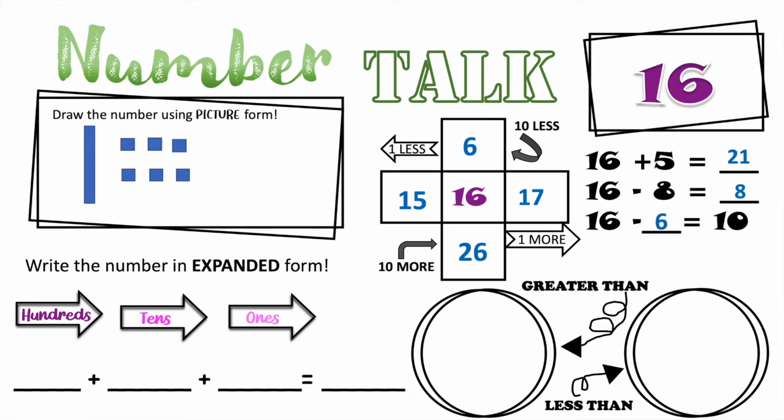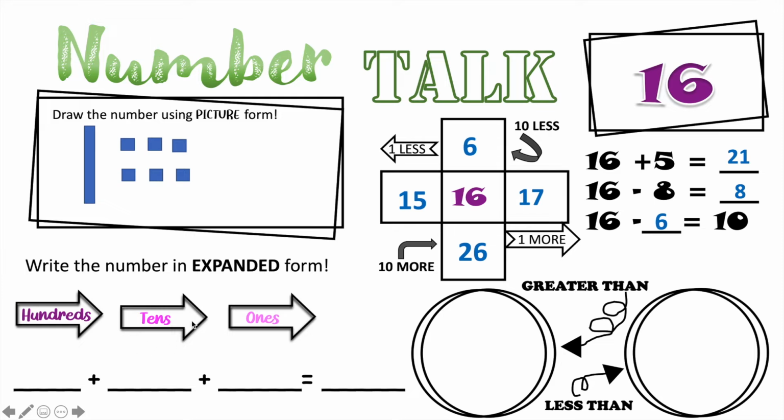All right, mathematicians, follow me to the left bottom side of the screen. We are going to write the number in expanded form. Expanded form, it's like we're stretching the number out into how many hundreds, how many tens, and how many ones to make that number. Think about the number 16. Does it have any hundreds? No, right? So this part right here is going to be empty because there are no hundreds.